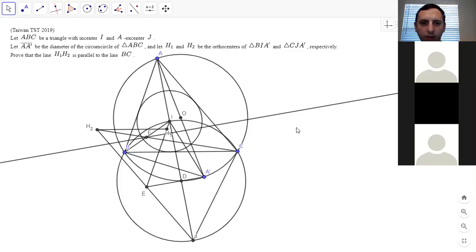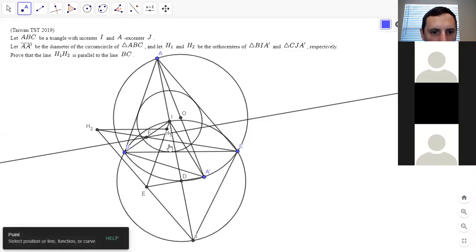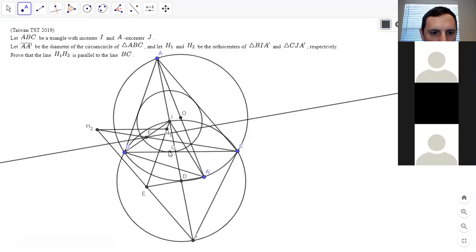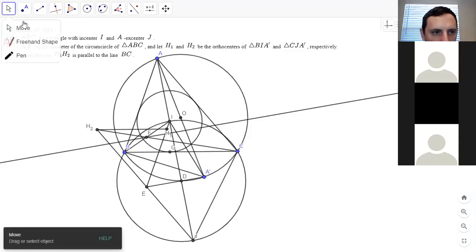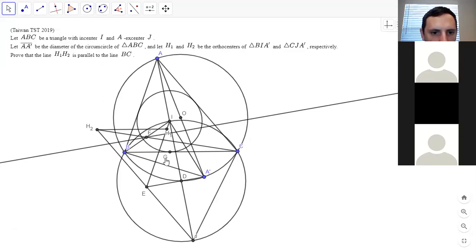So it's the reflection of I over point D. Is there any special point on this line? So we know the perpendicular from I to BC is G.